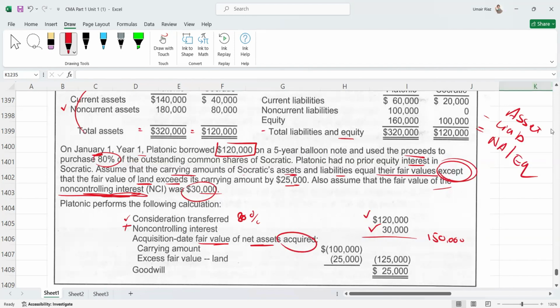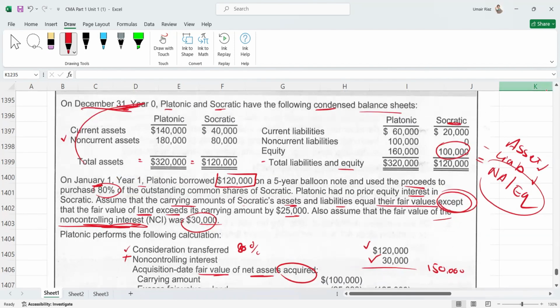So why should I use assets and liabilities here, and not take the value of the subsidiary's equity directly? Because assets minus liabilities equals equity. For example, say the subsidiary's equity value is 100,000. This is net assets. But if you want, you can do it the other way, assets minus liabilities. This is the asset of the subsidiary, 120 is the asset.